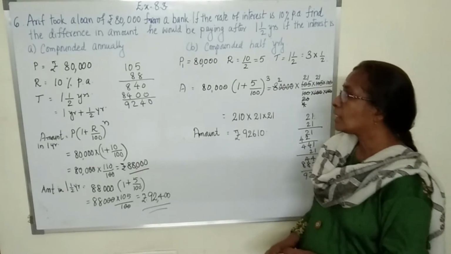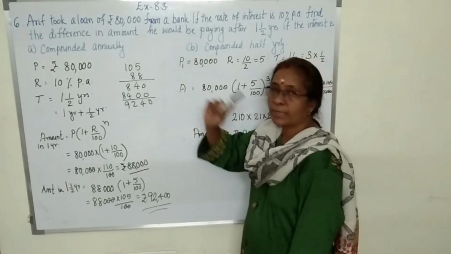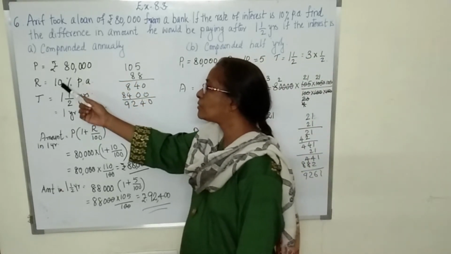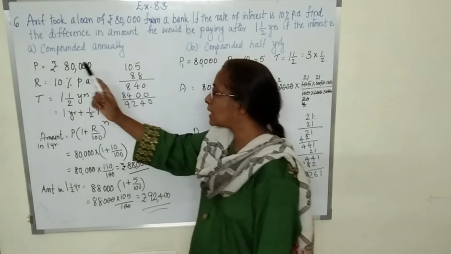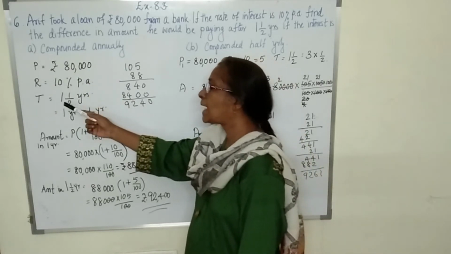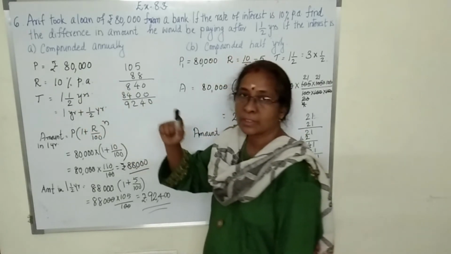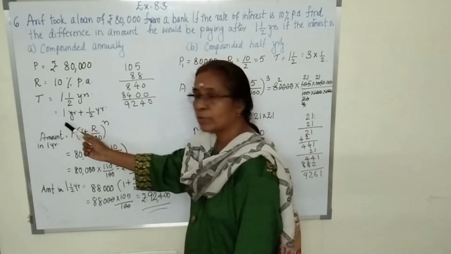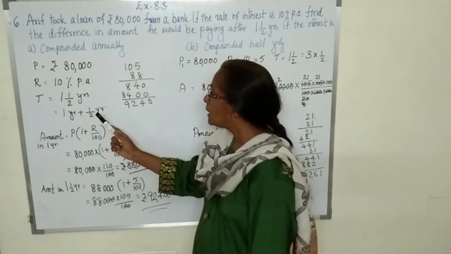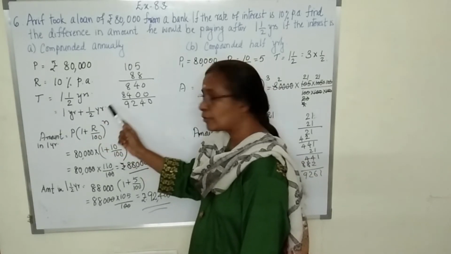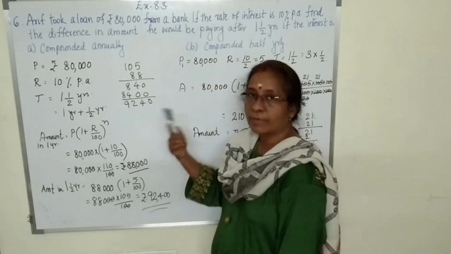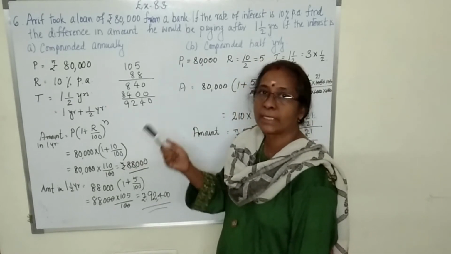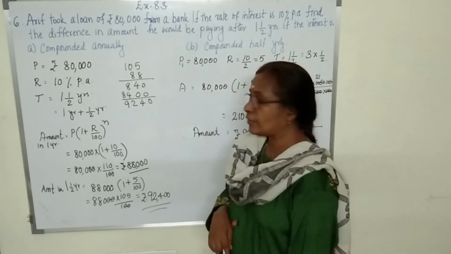Now see here, if it is compounded annually, the principal is 80,000, rate of interest is 10% per annum, time is given 1.5 years. So first you calculate for 1 year, and for the next half year you will have to find it after 1 year.